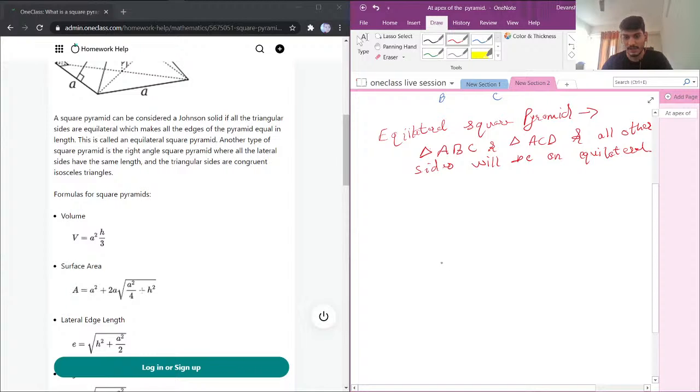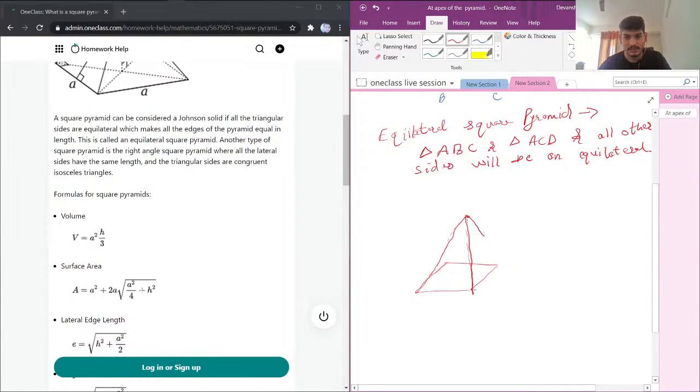Basically, for the pyramid, first I will make just a square. Now let's say this is the apex point of the pyramid. The drawing is kind of horrible at this point.